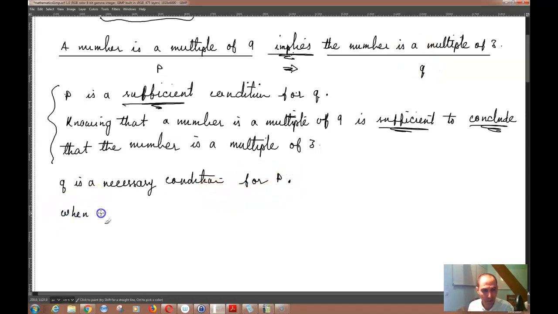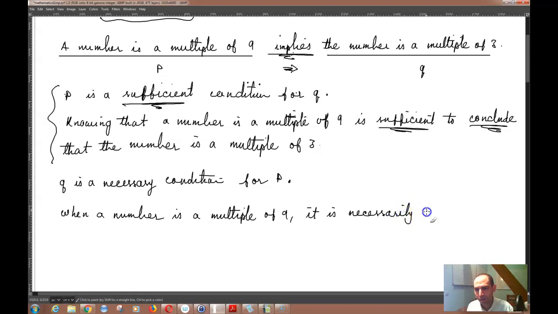When a number is a multiple of 9, it is necessarily a multiple of 3.